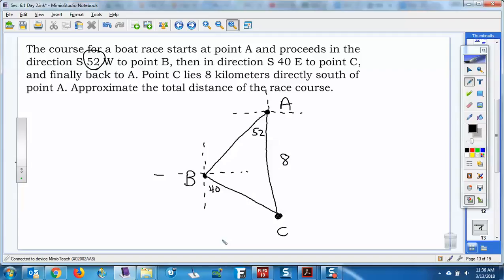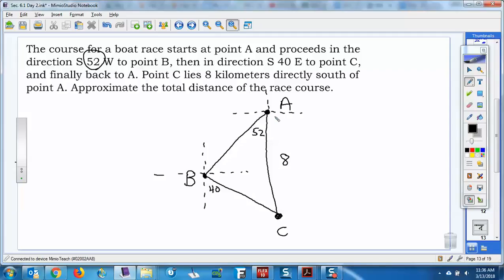The 40 goes there. South from point B, and then to the east, 40. Then we get to point C, and then we go straight back up 8 kilometers there. So obviously that's the first key, getting that part drawn correctly.